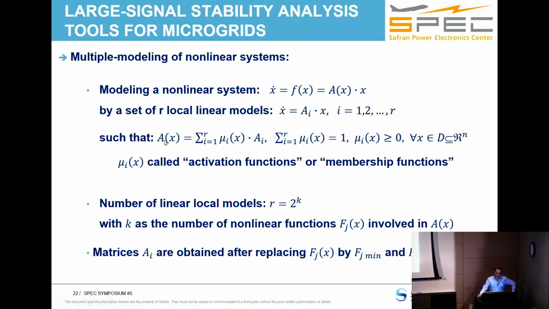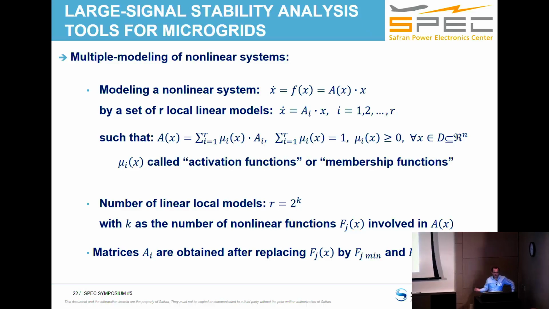And if you can write your A(x) as a sum of constant matrices multiplied by mu functions, and these mu functions are called activation functions or membership functions, then you get your multiple modeling. This kind of modeling that I'm talking about is called Takagi-Sugeno modeling, multiple modeling.